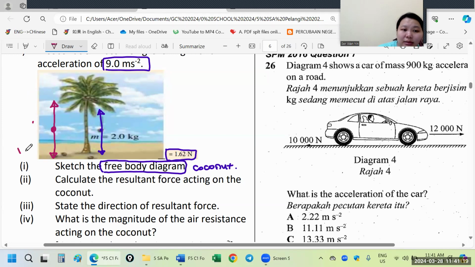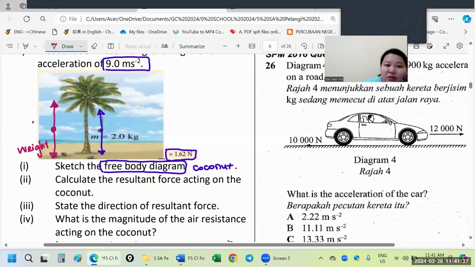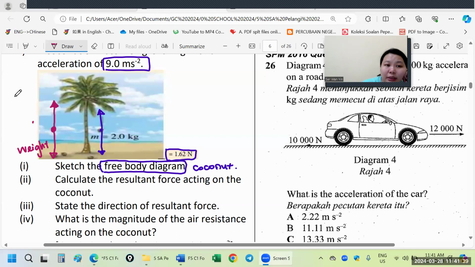Down actually is weight. Up, what is it? Is it tension, or air resistance, or lifting? What is the name of the force? Thank you, Angel. Yeah, it's air resistance.